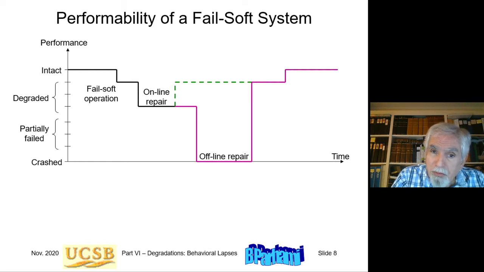And then eventually we succeed. This offline repair is less desirable because the system has lost full functionality, and the faster we can return it to the normal or the less degraded mode of operation, the better. Ideally, in a fail-soft system, we try to stay within these degraded states and never go to the crashed state.